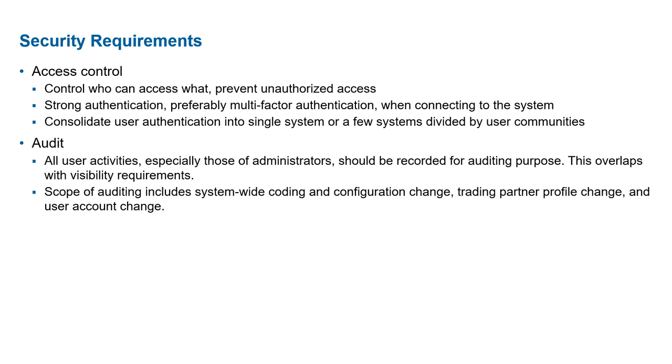The third one is around centralized authentication, as I mentioned, the single sign-on, consolidating user authentication in a single system, or a few systems divided by the different communities that the user belongs to. The fourth one is auditing, recording all user activities, especially those of the administrators, for auditing purposes, which are critical.